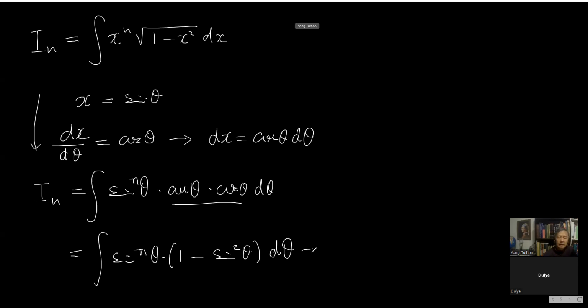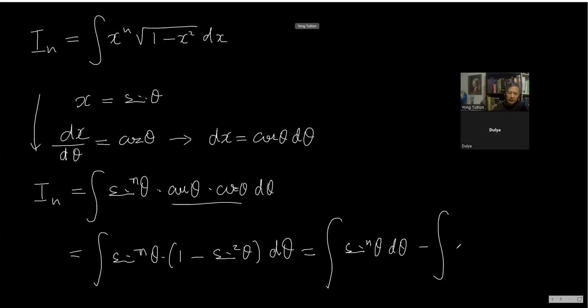And by substitution, we can write the two integrals: the integral of sine to the power n theta d theta, minus another integral of sine to the power n plus 2 theta d theta, all right? So that is the right way to go.